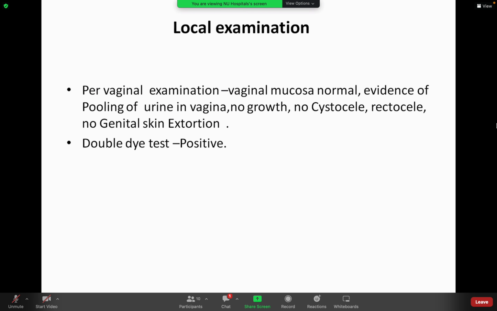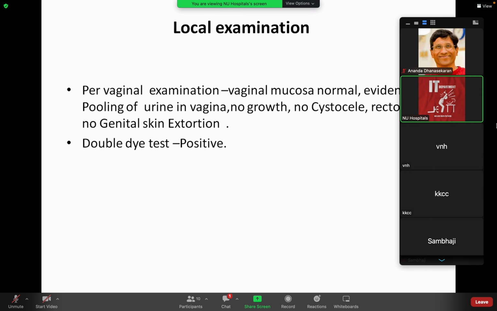But whatever your dye test and other tests, it's not definite. You cannot plan the actual procedure based on that. Yes, sir. Dye tests are now very rarely done, because even if it is done, in order to confirm, you have to do imaging. You cannot decide intervention only based on a dye test.